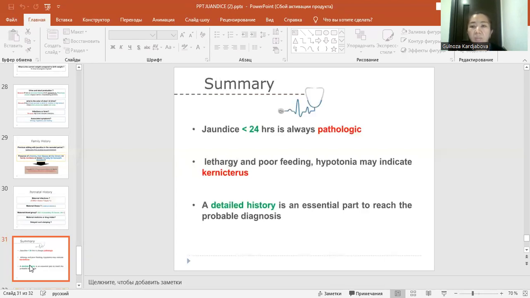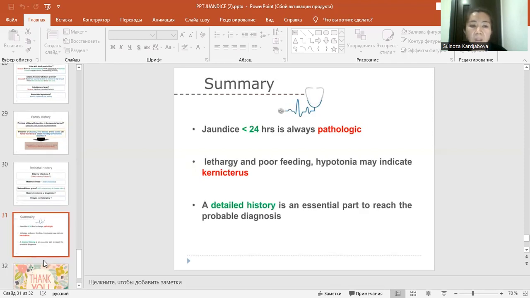In summary, we may say that jaundice within 24 hours is always pathologic. Lethargy, poor feeding, and hypotonia may indicate kernicterus. A detailed history is an essential part of reaching a probable diagnosis.